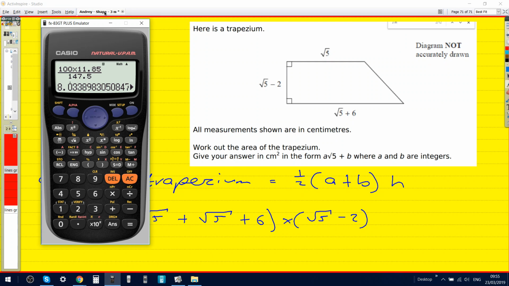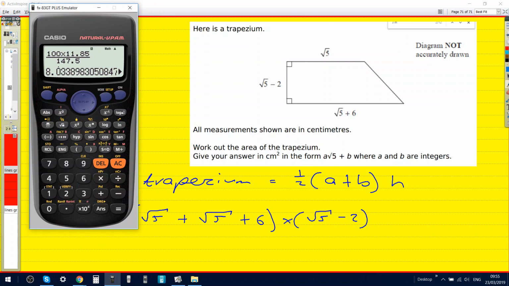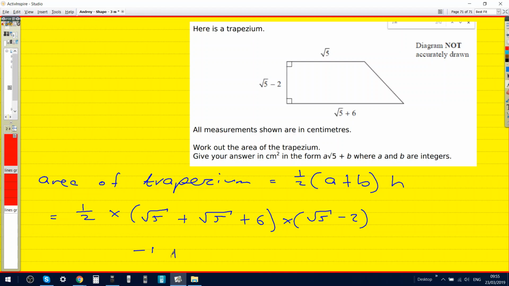And I just want to see if I'm doing it right. Root 5 plus root 5 plus 6. I'm just putting in the times. You don't need to put in times, but just so you can see that two brackets next to each other means times. And yeah, minus 1 plus root 5. So the calculator's doing all the work for you, so we don't need to put it on.